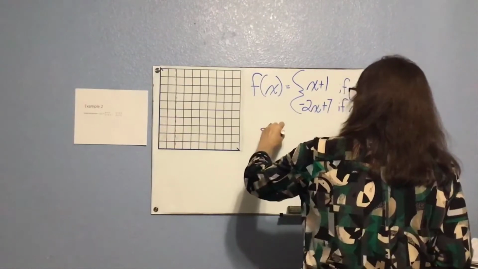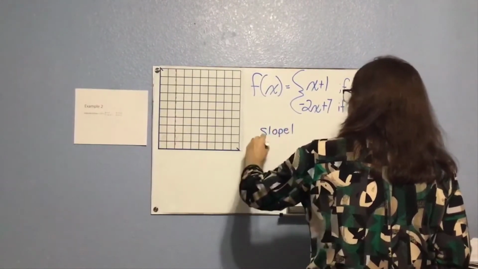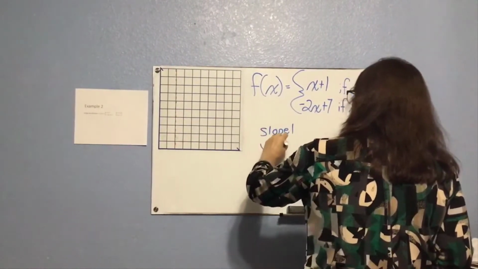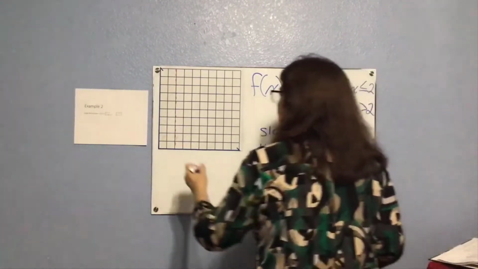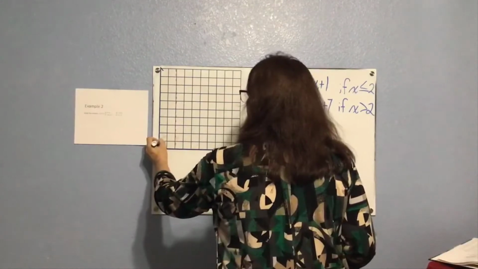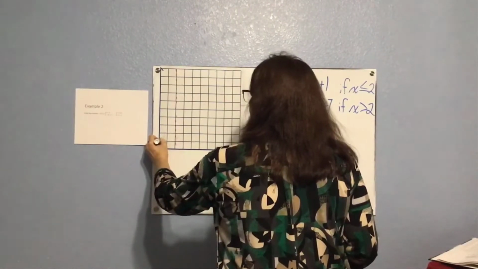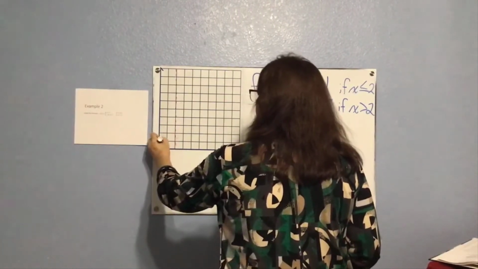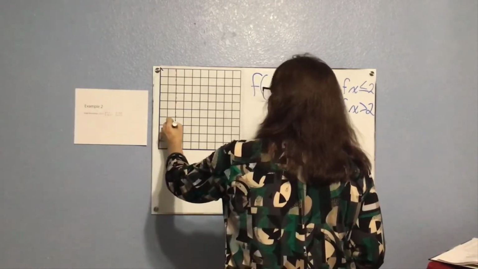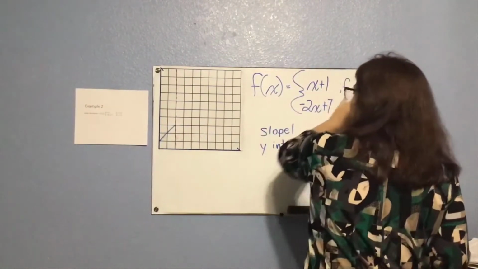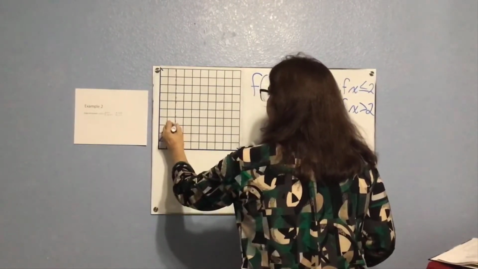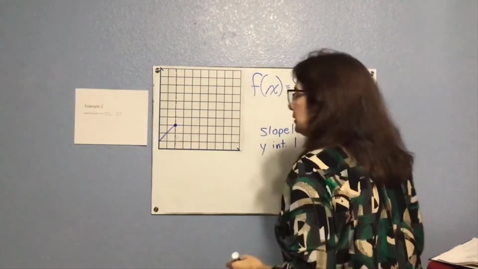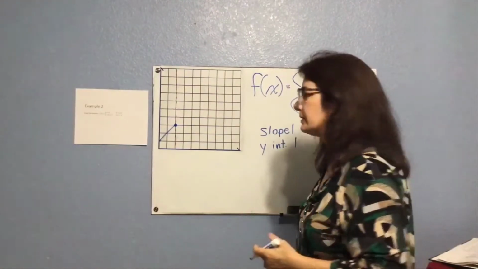I've got a slope of 1 and a y-intercept of 1. So I start here and go up, slope of 1, and this is for less than or equal to 2. So when I get to 2, I put a solid dot there to show that that's included in my answer.